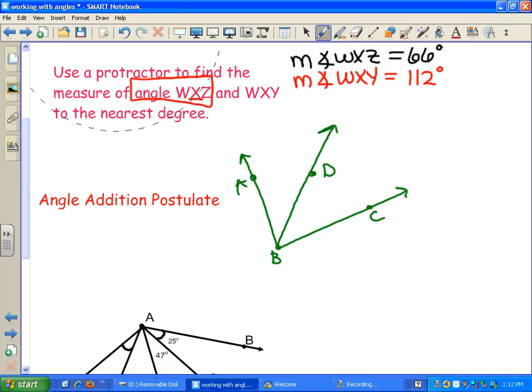Here's what the angle addition postulate says: if we take the measure of angle ABD, and add to it the measure of angle DBC, that's going to give me the measure of that big angle ABC.